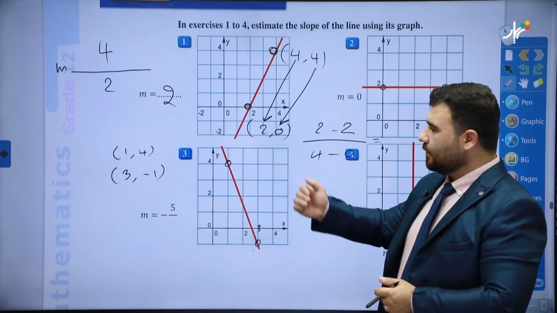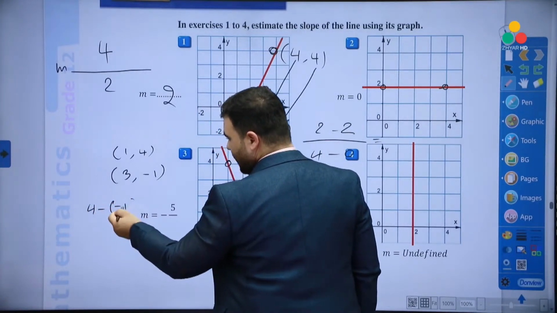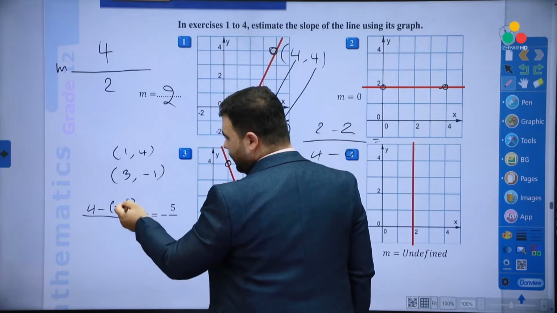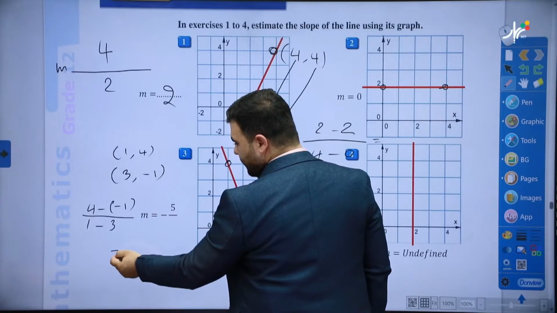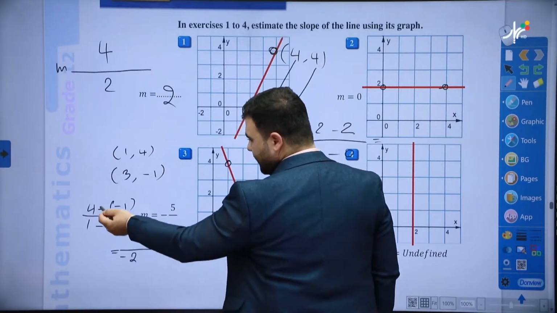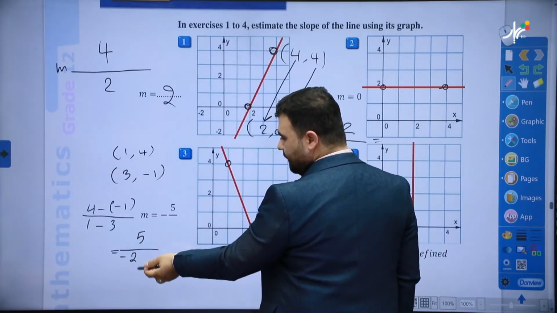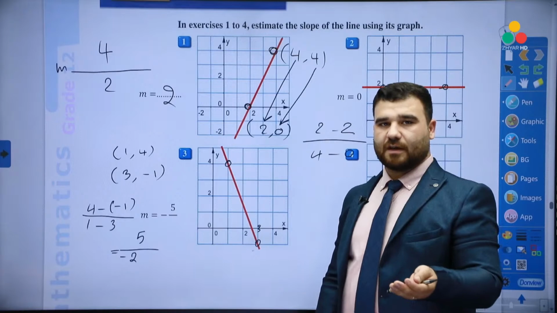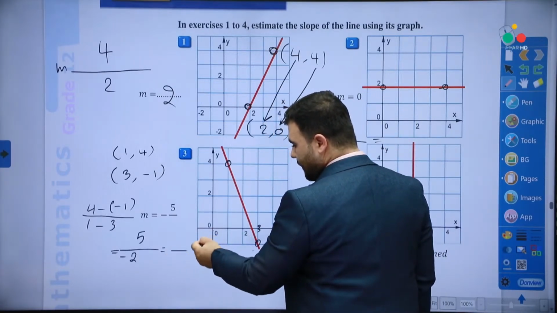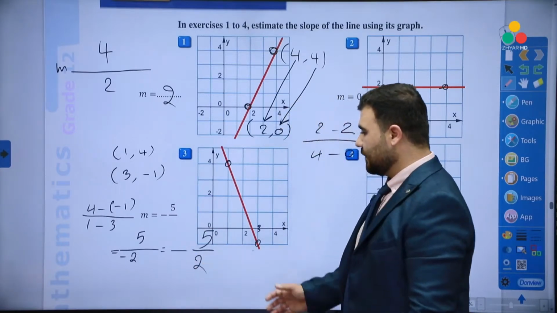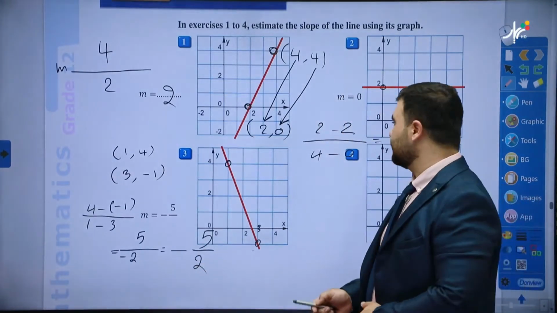Now, 4 minus negative 1, y2 minus y1, over x2, 1 minus 3. 1 minus 3 is negative 2. 4 minus negative 1 is 5. Then there is no difference between 5 over negative 2 or negative 5 over 2. They are all the same. Then the slope is negative 5 over 2.